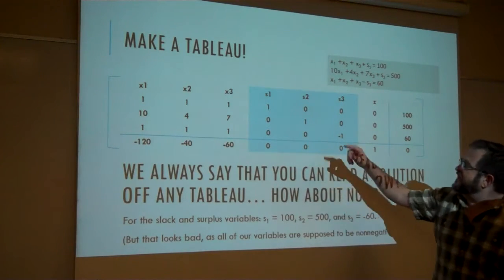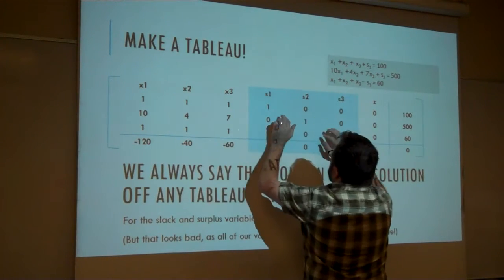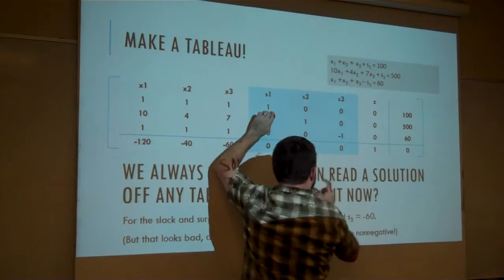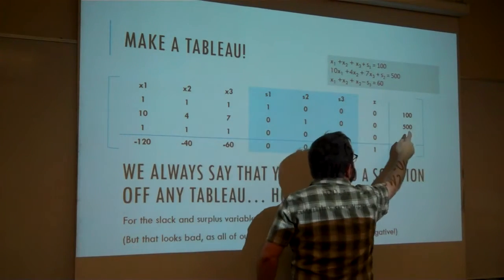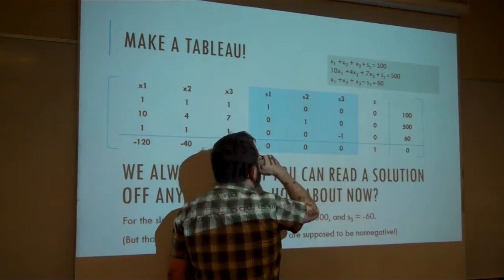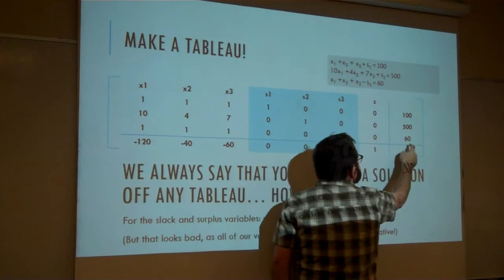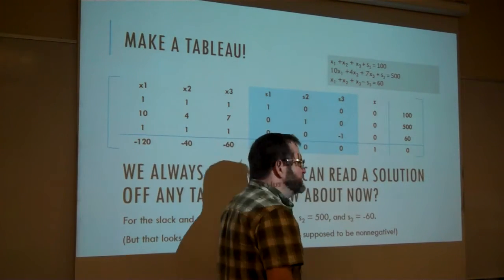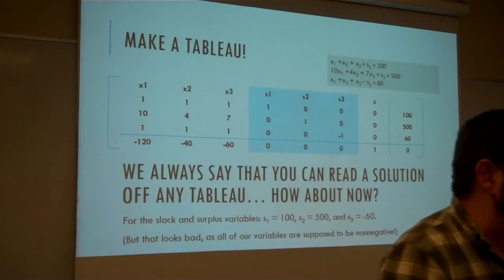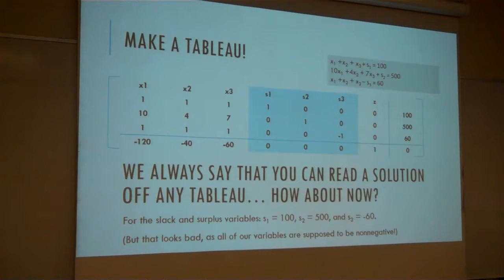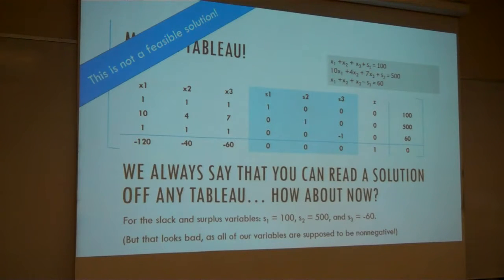Okay, the basic variables: 1 times s1 is 100, so s1 is 100. 1 times s2 is 500, so s2 is 500. Negative 1 times s3 is 60, so s3 is negative 60. We also have a negative surplus variable. Well, that's not right either. So here's the deal. It's not that there isn't a solution here, it's that the solution isn't feasible.